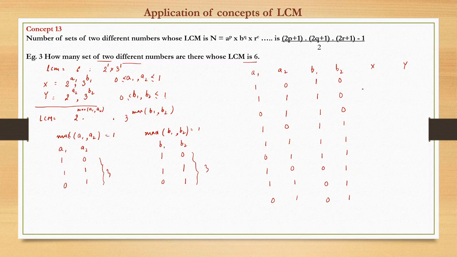Okay, so now what would be the value of x if a1, a2, b1, b2 is 1 0 1 0? So x would be nothing but 6 and y would be 1. Similarly, here it will be 6 and 2. You can just put the value of a1, a2 in this x and y.